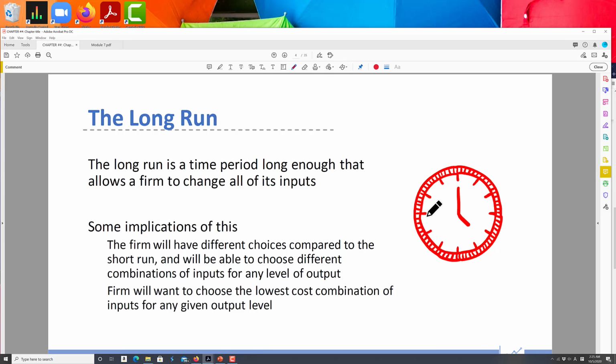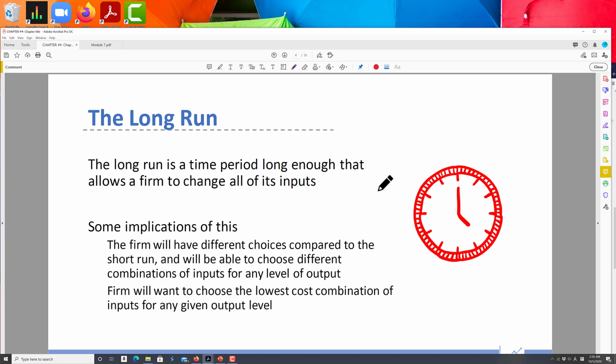So how long is the long run? Well, it is long enough that allows a firm to change all its inputs. So we are not talking about a fixed time period using the calendar. It could be one month, or one year, or several years, or even a whole decade.